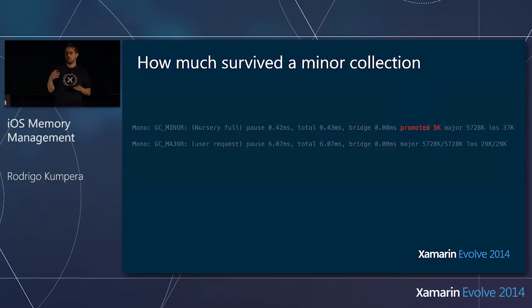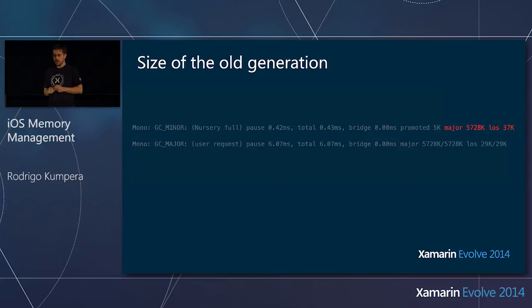As soon as the major heap is full, or it has enough objects promoted to it, we run the major collector. So you should watch out for having a low promotion rate. The default nursery is 4 megabytes. Here you're promoting very, very little, which is the sweet spot for SGen: a very low promotion rate.